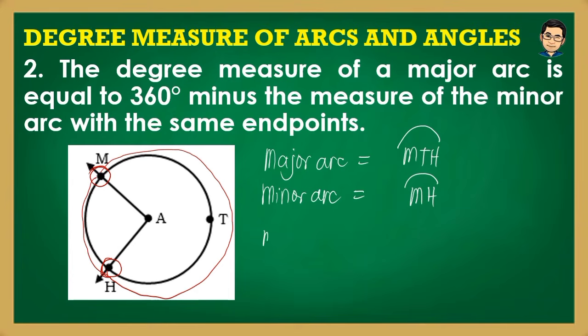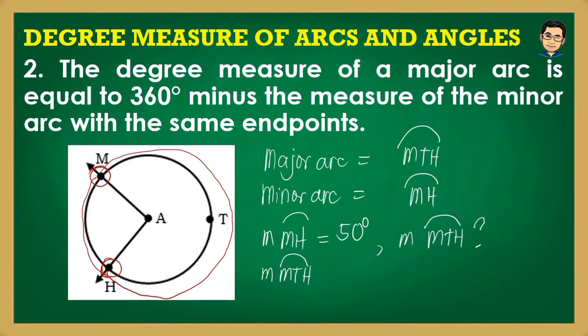For example, if the measure of arc MH is 50 degrees, what is the measure of arc MTH? We write the mathematical statement: the measure of arc MTH is equal to 360 degrees minus the measure of arc MH.